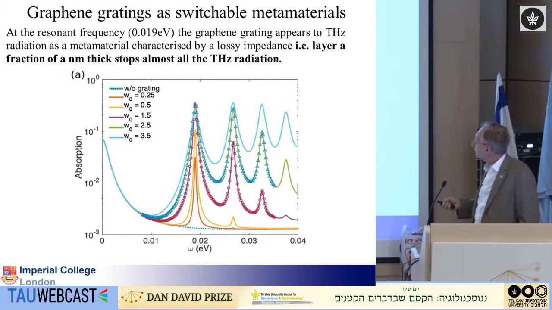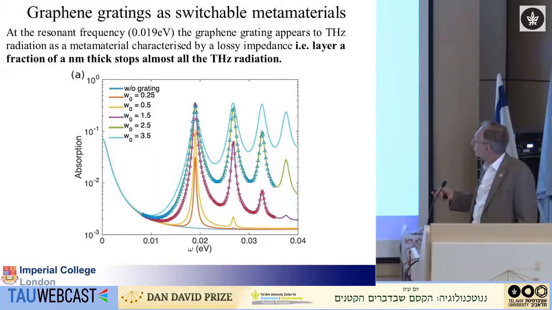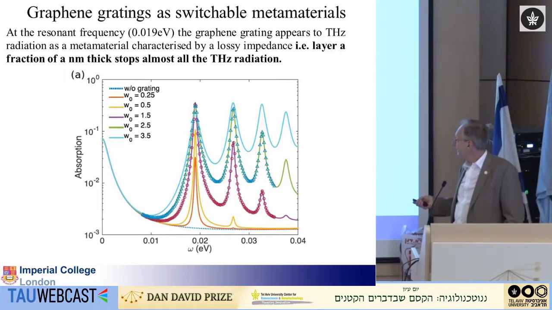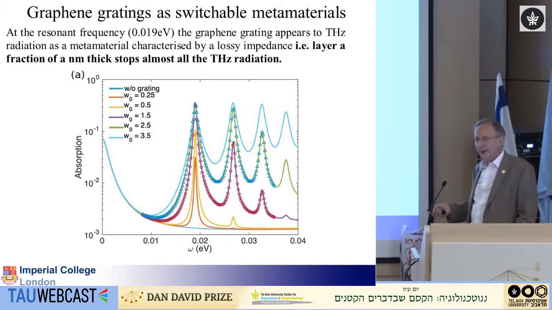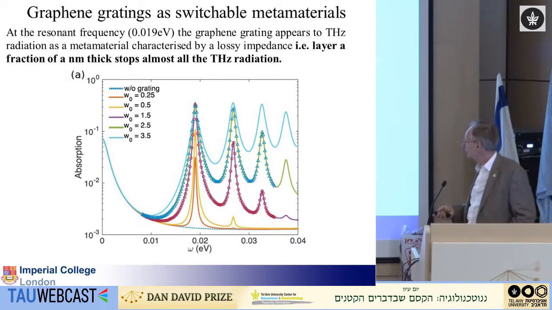And remarkably, by doping the graphene in this grating manner, you can absorb almost all the light which falls on the grating at certain frequencies. So something 1 atom thick can actually grab nearly all the light that falls on it, and you can switch it on and off at gigahertz frequencies. So that's quite spectacular, I think.